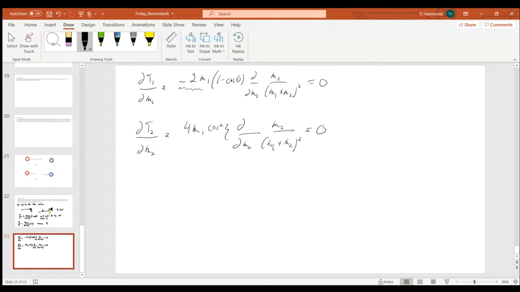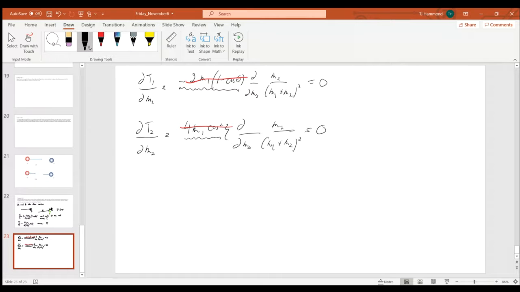And now you notice that we have these prefactors out front. That's either minus 2 m1 (1 minus cosine theta), or 4 m1 cosine squared eta. Either way, because these are both equal to 0, these don't matter.